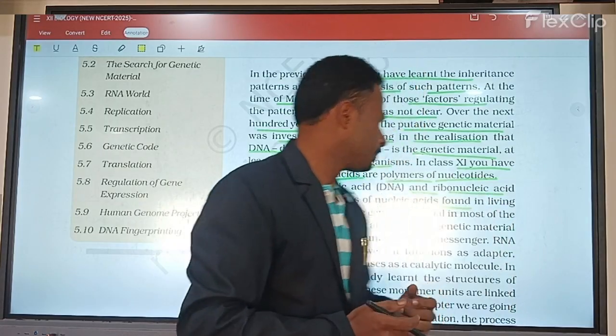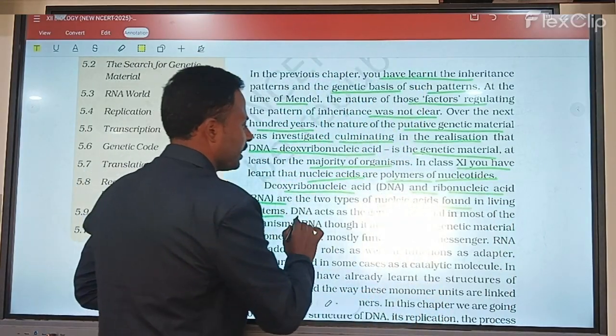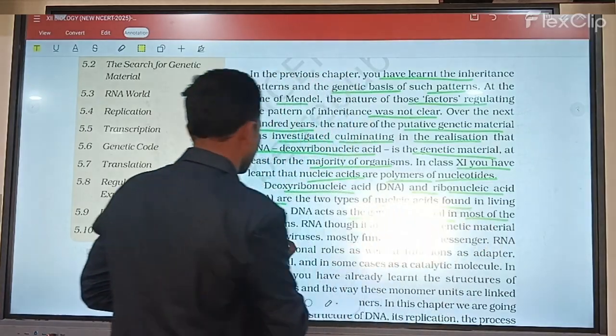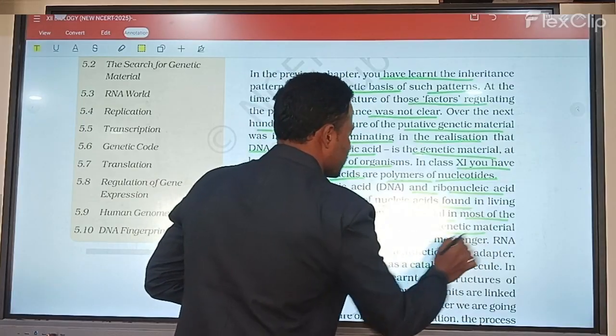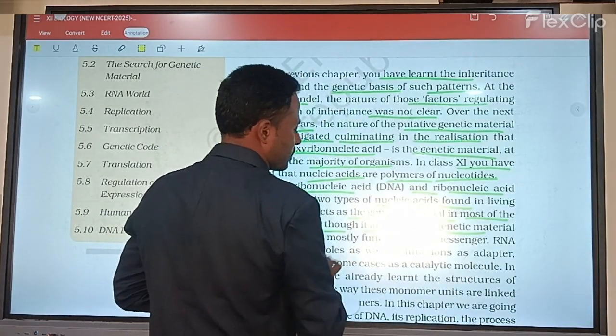DNA acts as the genetic material in most organisms, and RNA also acts as the genetic material in some viruses.